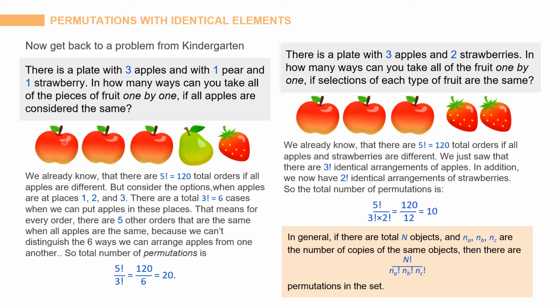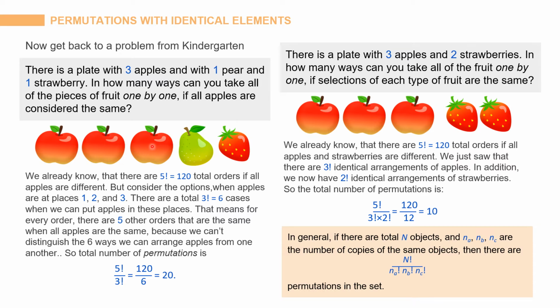So we have apples in the first, second, and third position. Well, there are 3 factorial, or 6 ways to arrange these 3 apples. Okay, so whenever I start off picking 3 red apples, there are 6 possible ways I can do that.